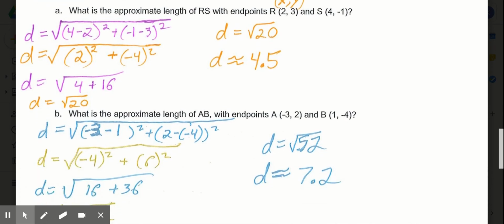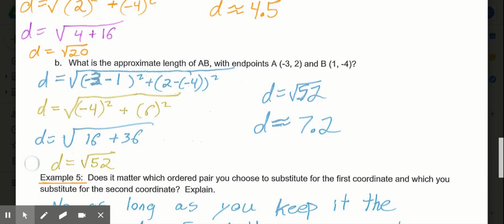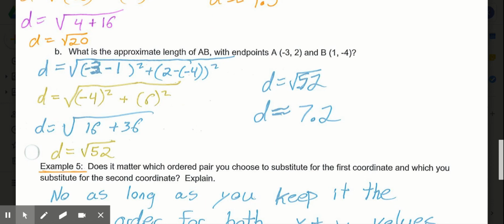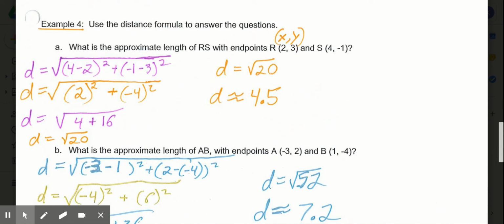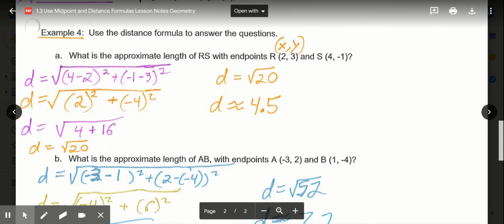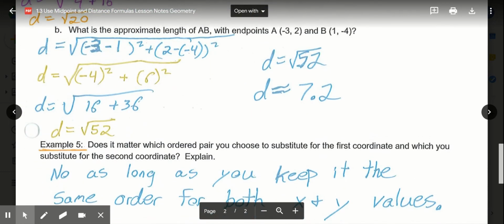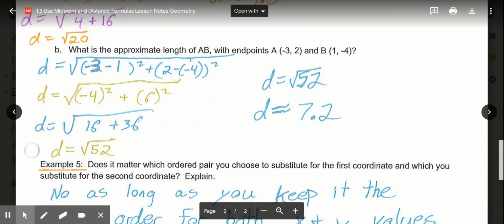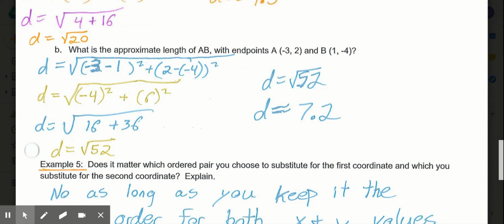So in B, we'll do the same thing. They want us to get the approximate length of A to B, and we know the endpoints are A being at -3, 2, B being at 1, -4. So we are going to just plug those in to our distance formula here. So in this one, I'm going to start with A and then B second.